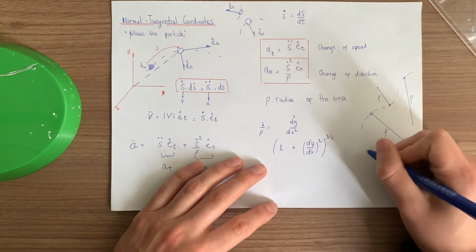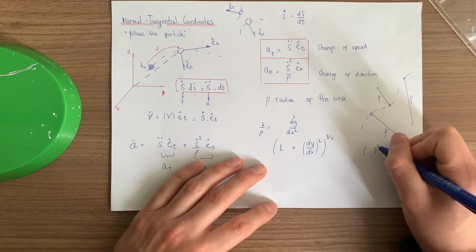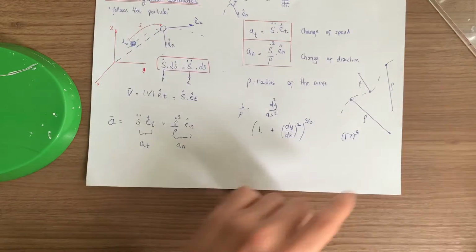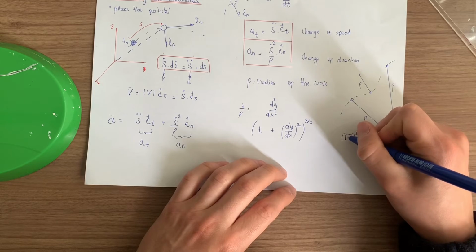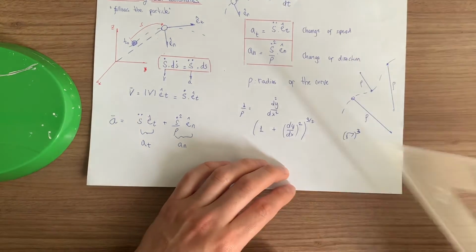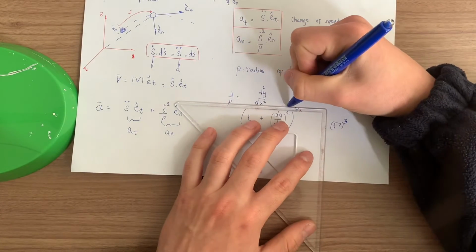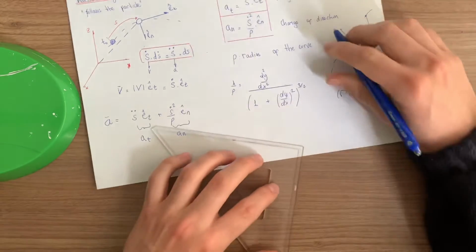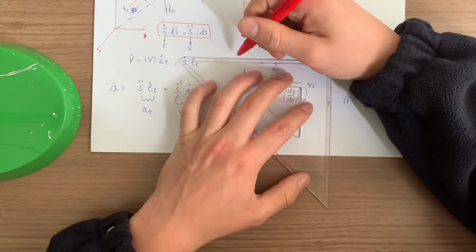So you have something like this, a square root, and then at the third. So this is a huge expression.